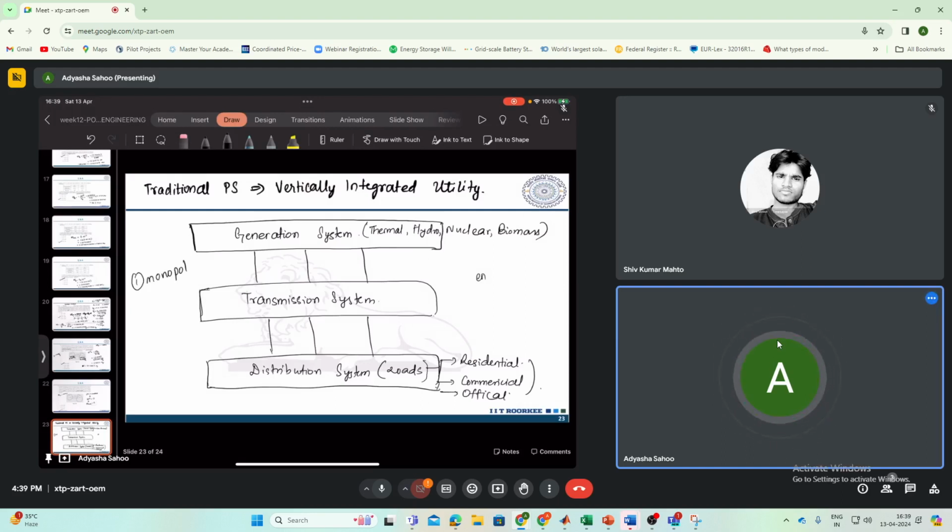You can see, right? There is no chance of competition here because all are owned by a single entity. So you're bound to purchase from that entity only because you don't have any options. Let us take an example. Let's say you are a buyer and you want to buy a phone. Earlier you had just BSNL, so everyone was going to BSNL. That time BSNL had a monopoly. There was no competition.